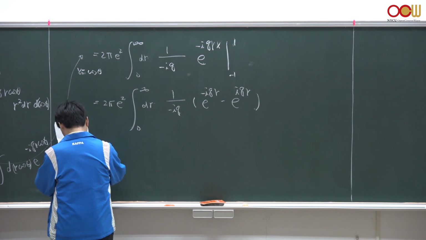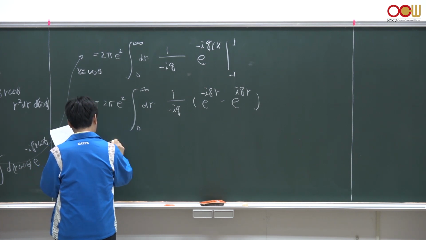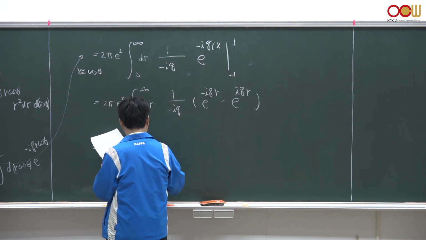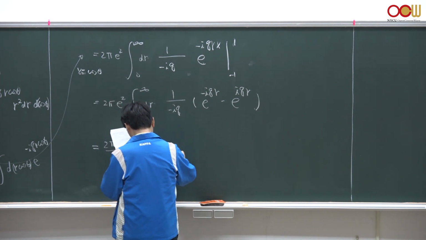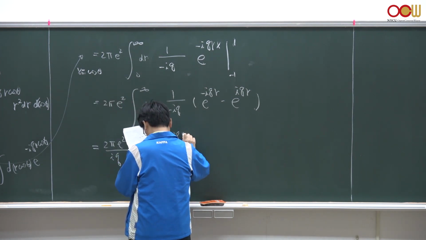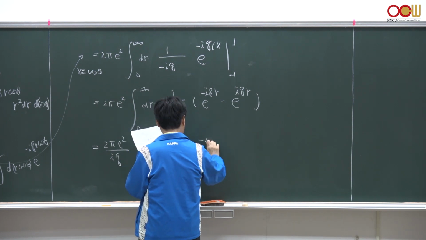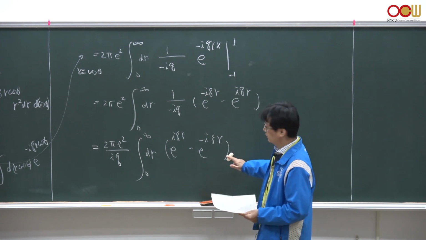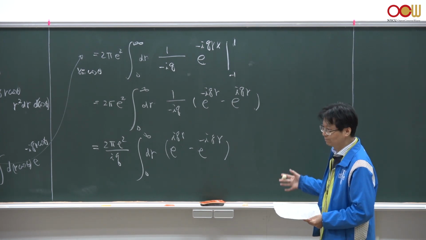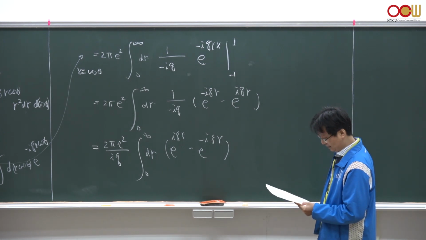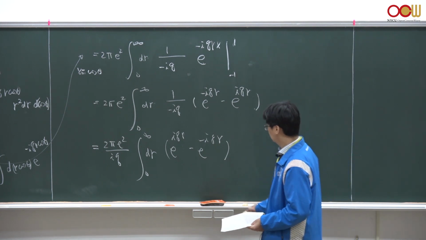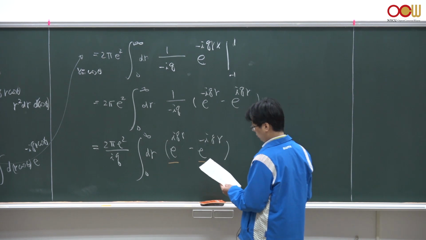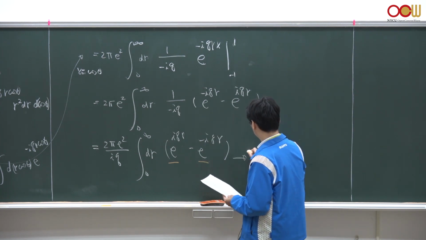And let me just combine everything. 2 pi e squared over i q, integral dr from 0 to infinity, e to the i q r minus e to the minus i q r. Okay, so this innocent looking integral shows some problems here, and it is because of this term, which is going to be divergent.